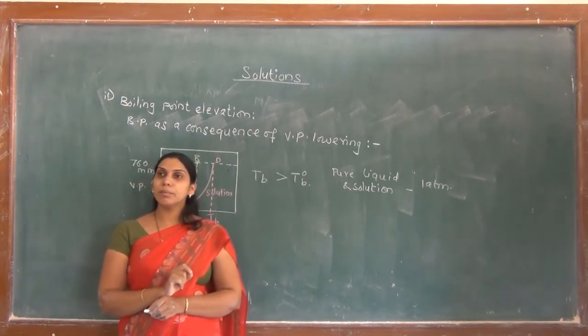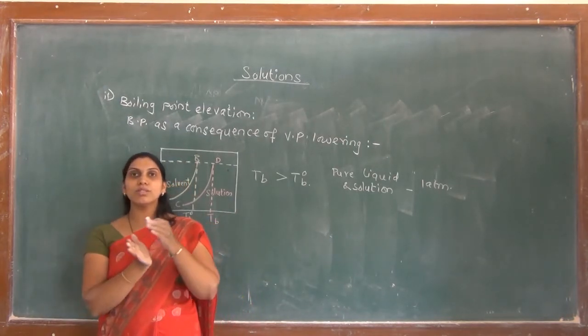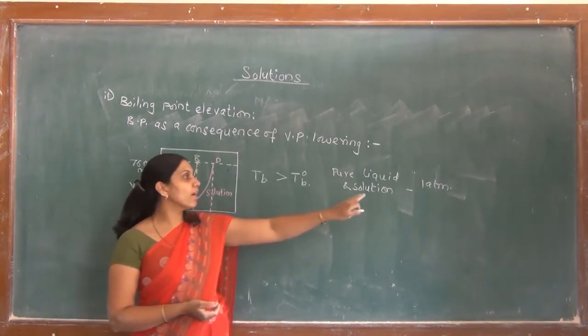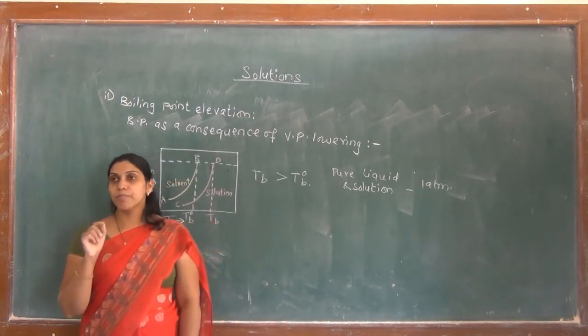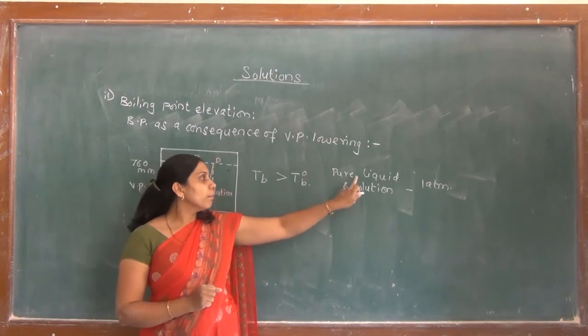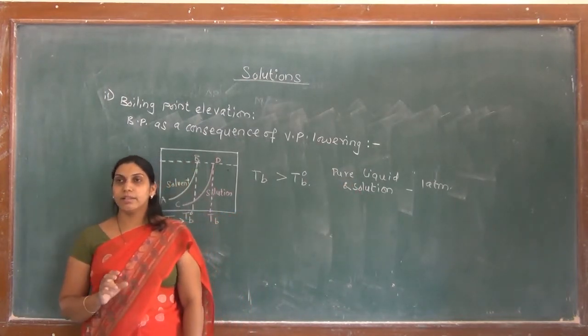For finding out the boiling points, the vapor pressures of these two must reach the value of atmospheric pressure. Supposing the value of atmospheric pressure is 1 atmosphere, to reach the value of 1 atmosphere, the pure liquid and solution must be heated.